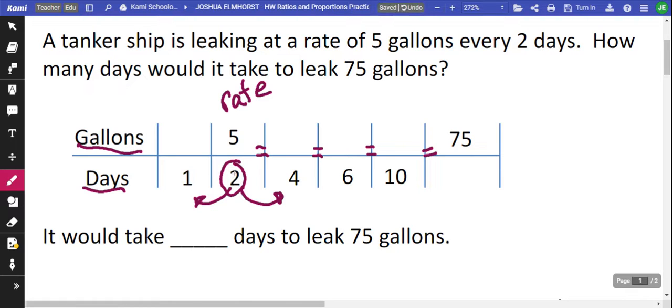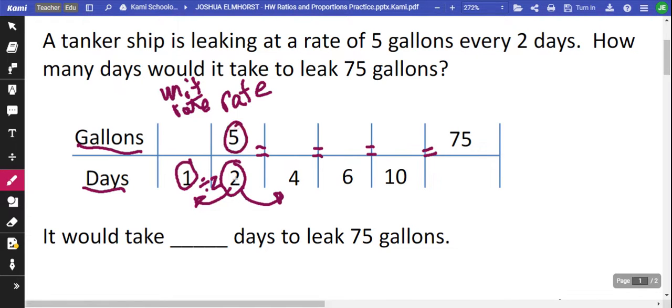So first thing I'm going to do is look at 2 going down to 1. In order to go from 2 to 1, we're going to divide by 2. So 2 divided by 2 is 1, and that is going to be our unit rate, meaning it's compared to 1.